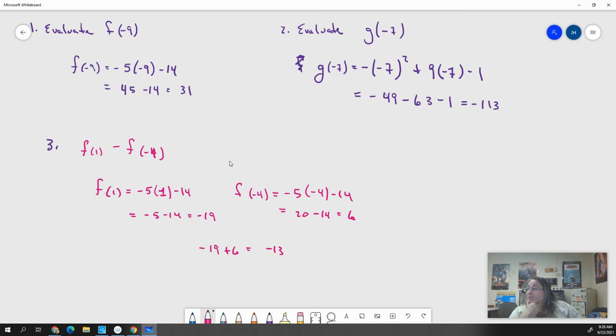Actually, it would be minus 6, wouldn't it? Because we're asking for minus. f of 1 minus f of negative 4, so we've got negative 19 minus 6, which is negative 25.